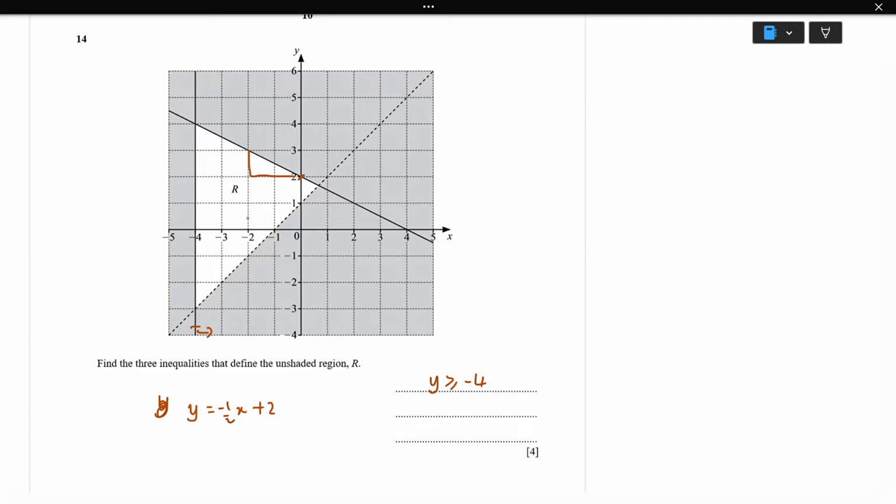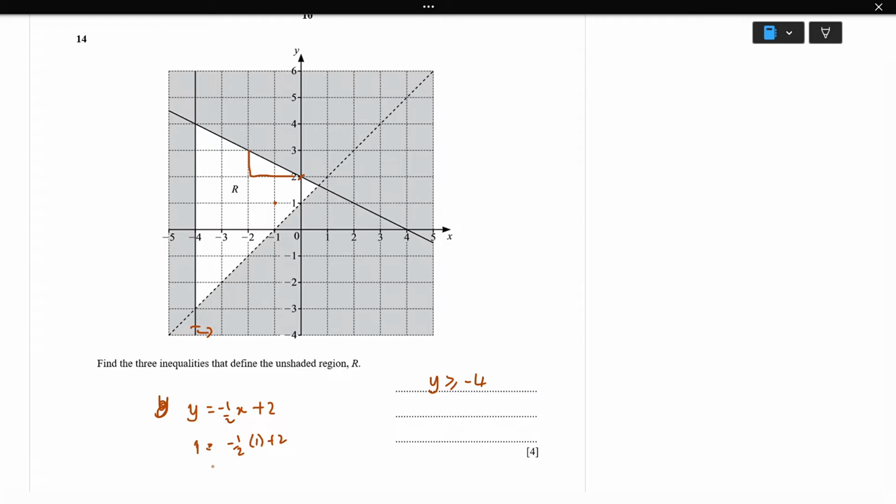Now I'll take one point from here and check whether it's greater than or less than. Minus 1/2 into 1 plus 2, which side is greater? The right side is greater.